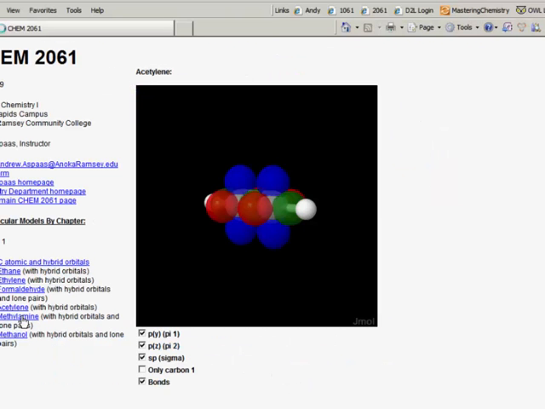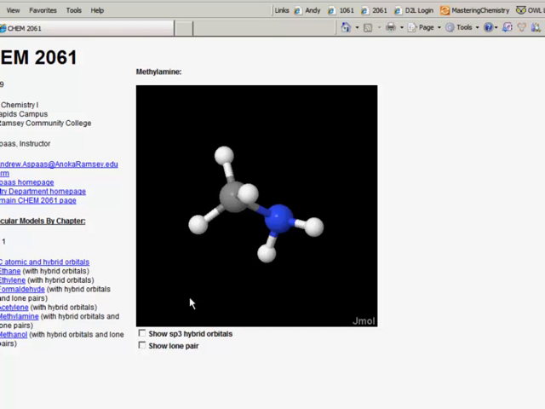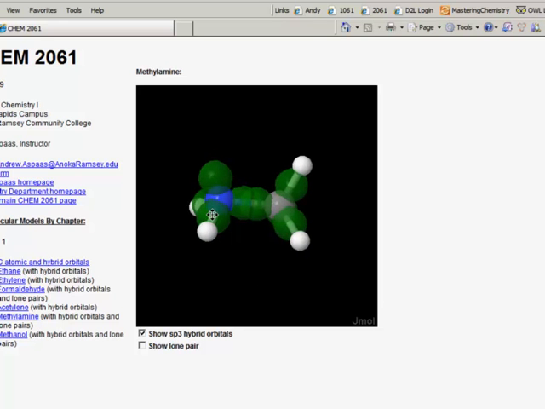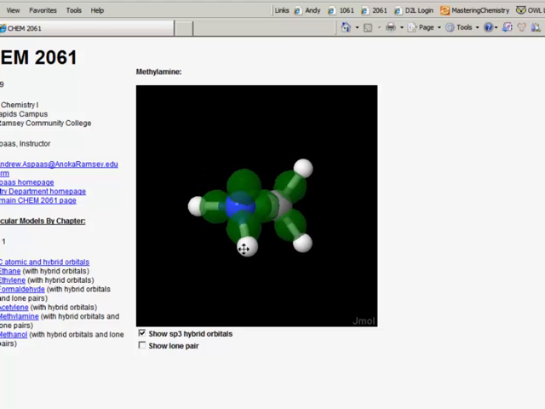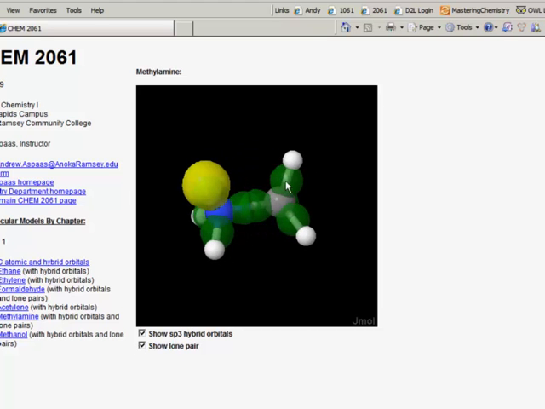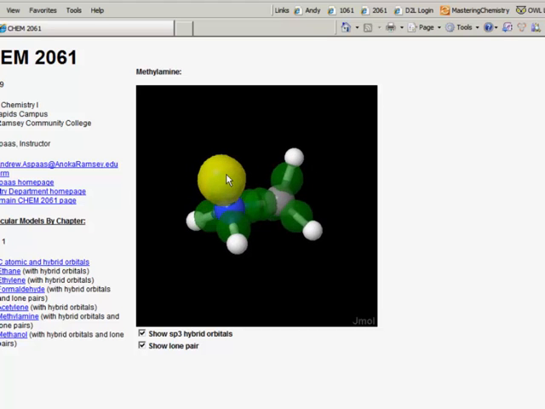So I've got a model of methylamine. We can tell that it's sp3 hybridized. We see those 4 sp3 hybrid orbitals on the nitrogen and 4 sp3 hybrid orbitals on the carbon. The difference between nitrogen and carbon is it has 1 more electron of its own. So rather than needing to form a bond on its 4th one, it already has a pair of electrons just there.